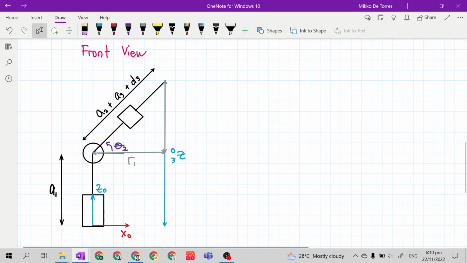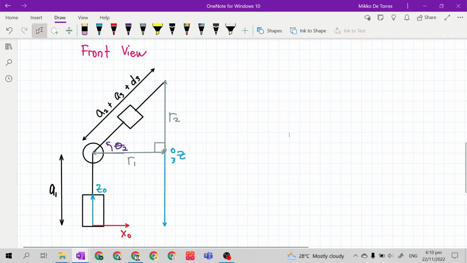But still, Z03 is from the end effector up to the base. Now we have here a right triangle. Using this right triangle, we can now solve what is d sub 3 and theta 2.